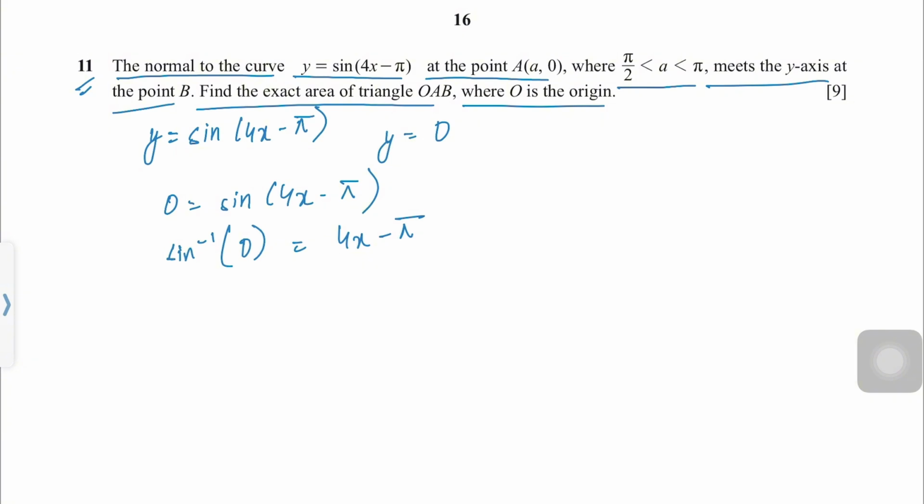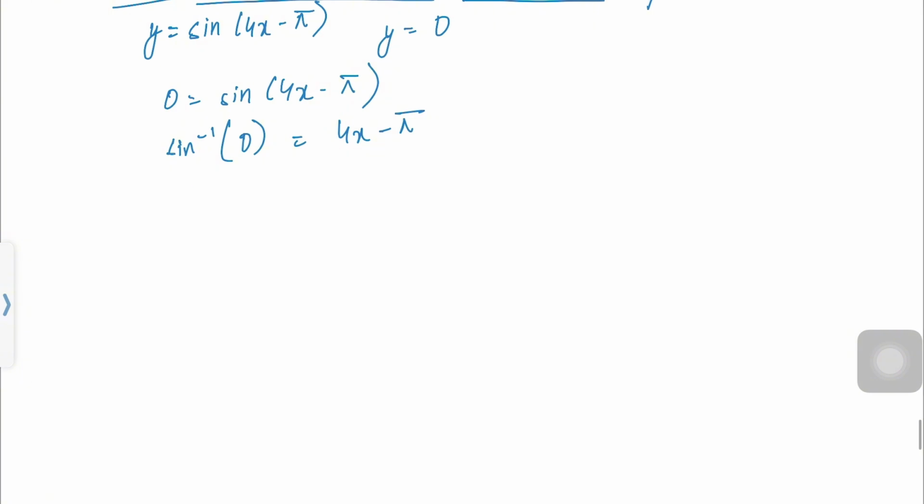Sine inverse 0 is 0, I guess. So this would be pi by 4, and it can't be pi by 4 because the range is pi by 2 till pi. So this can be either 0 or pi.